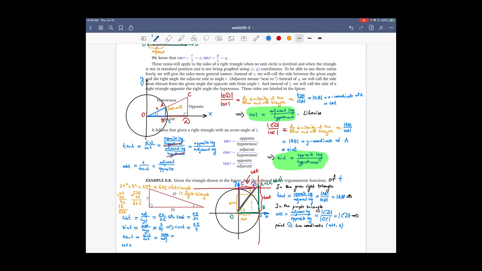And so that is 7 over 24. And cotangent, on the one hand, is cosine over sine, or otherwise adjacent leg divided by the opposite leg. So that is 24 over 7.